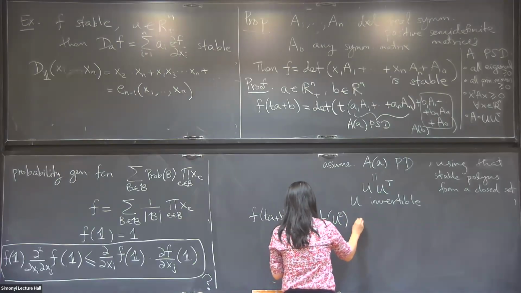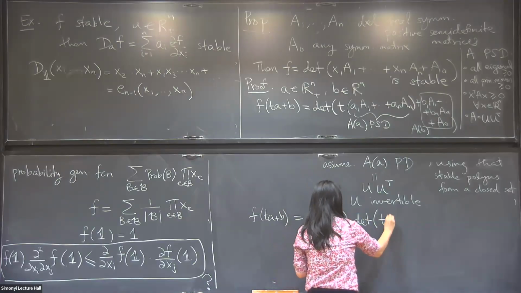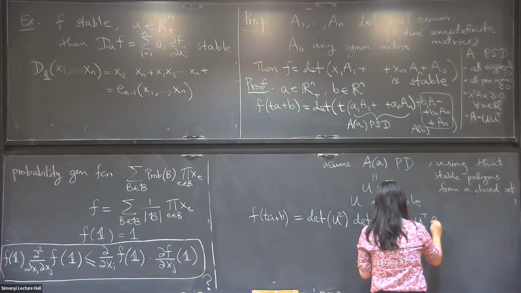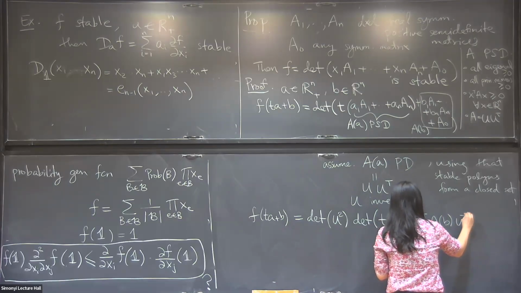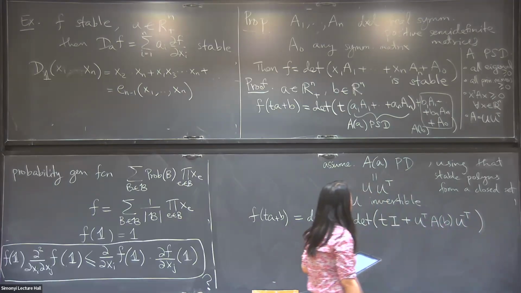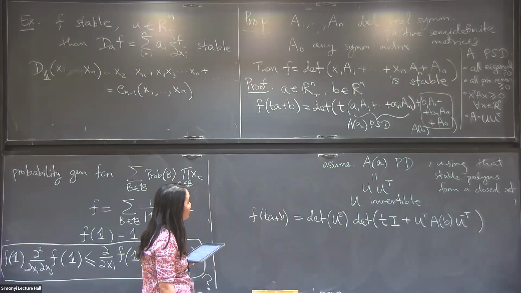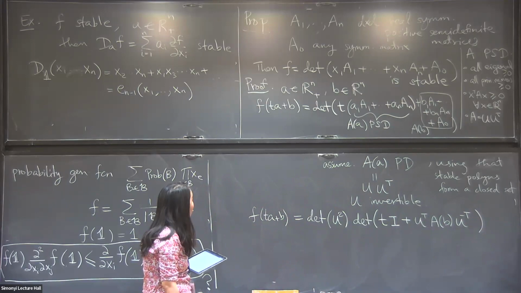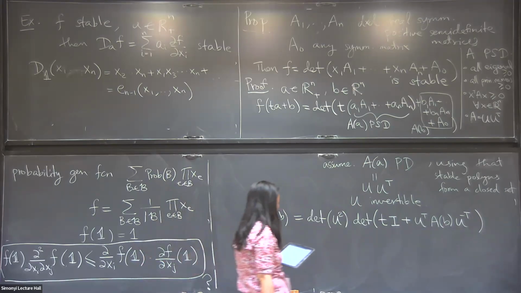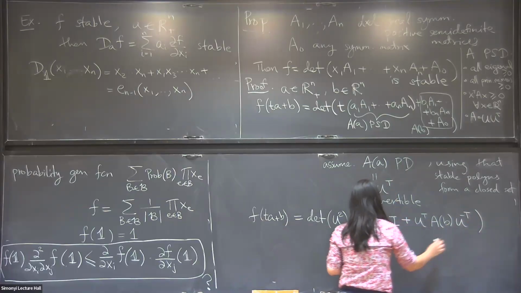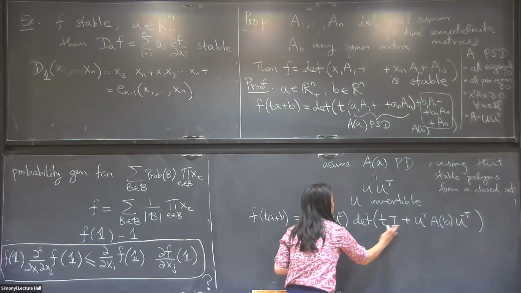So I get the determinant of T I plus U transpose U minus T. The point is I can multiply things, and when you transpose it makes things nice over here.